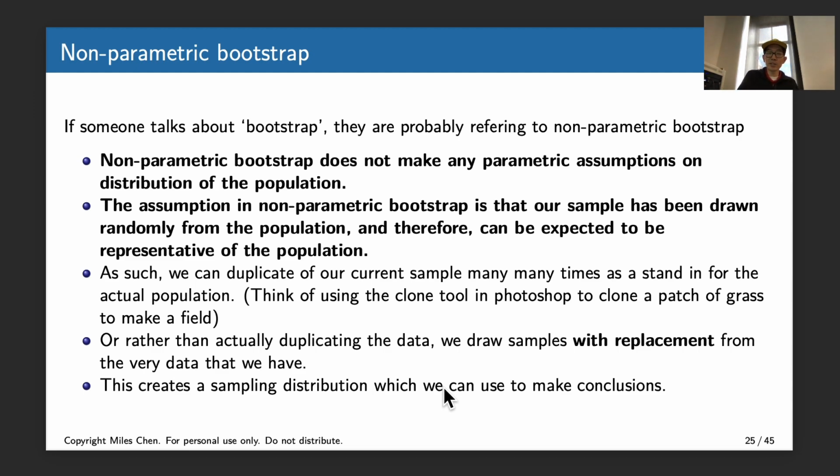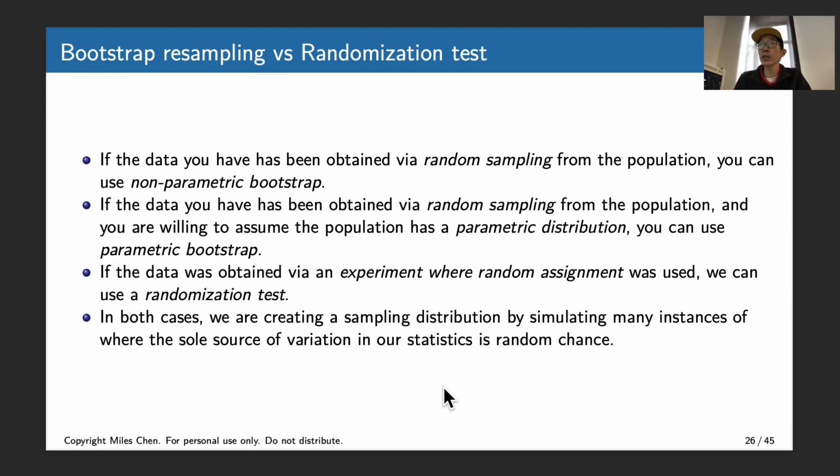So rather than actually duplicating the data, we draw samples with replacement, and that's the equivalent of creating infinitely many copies of my sample to create my population. And so now that I have my, quote, stand-in or fake population, I can generate the sampling distribution here, okay?